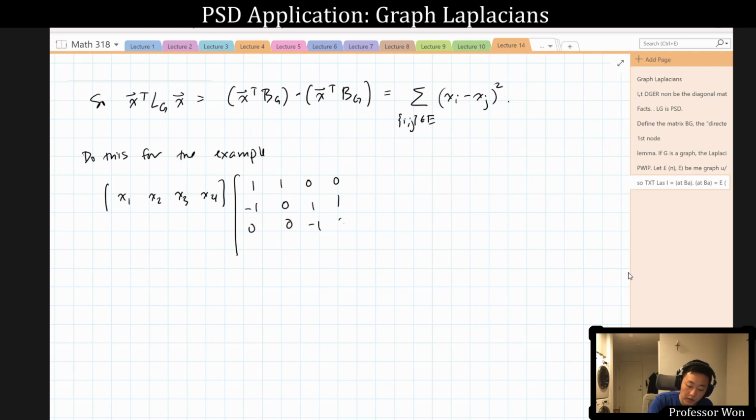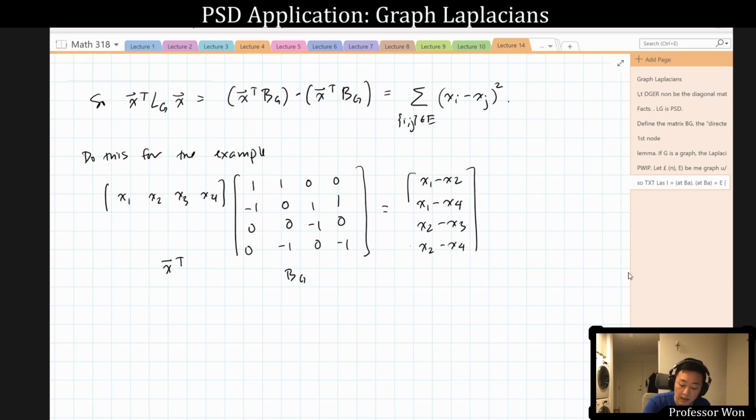Where we recorded all of the edges in the columns, like this. What happens when we take this product? This one is x transpose, this one is BG. We get exactly x1 minus x2. That's the top entry. The next entry will be x1 minus x4. Next one will be x2 minus x3. Last one will be x2 minus x4, right? Just by the way we constructed it.